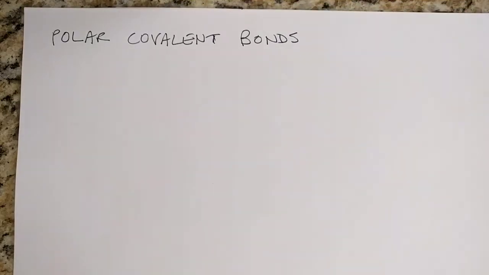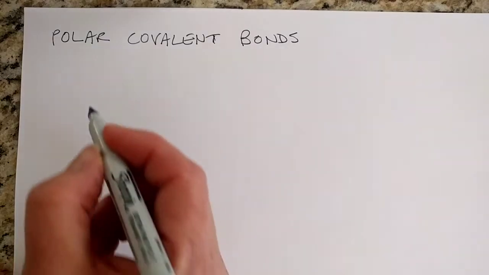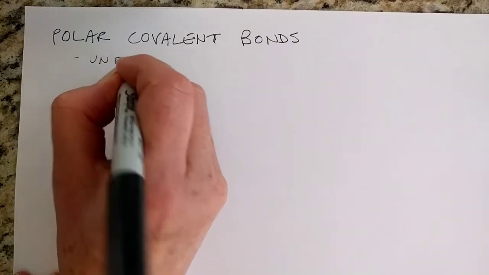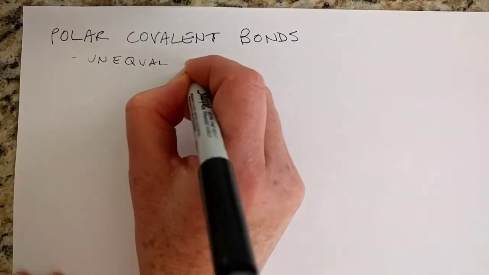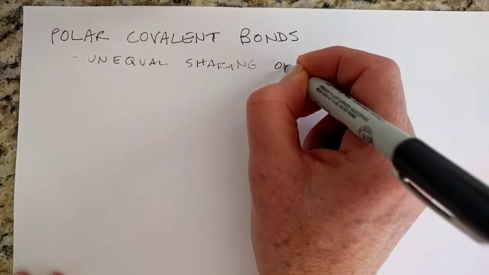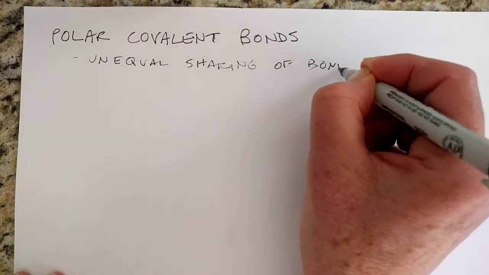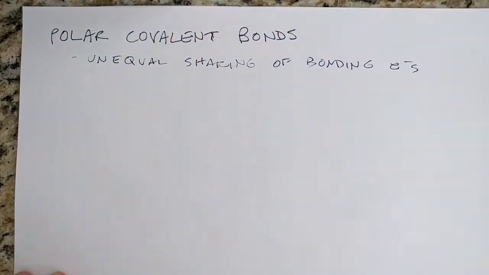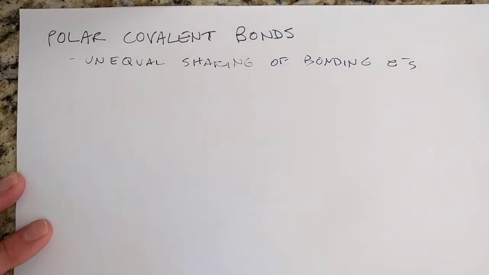All right, our next bond type then is polar covalent bonds. So here we have unequal sharing of bonding electrons between our two atoms.